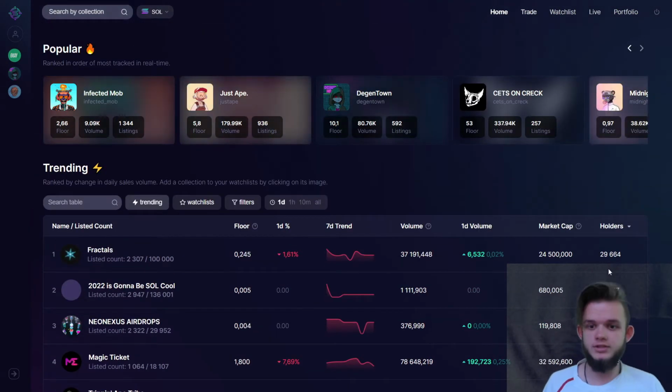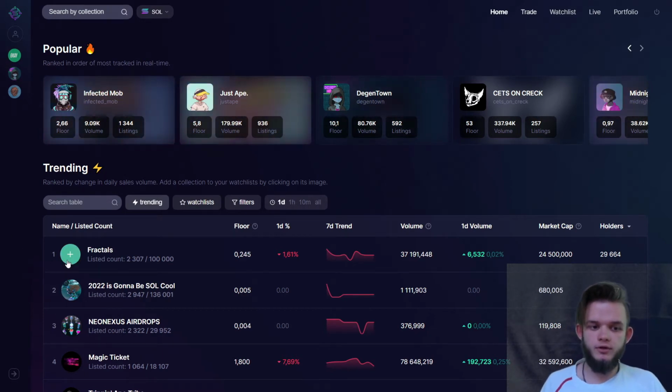Fewer holders is better, because if there is a really low amount of holders, for example in a 10,000 NFT collection, that means there are a lot of whales, a lot of rich guys buying, and usually these rich guys are not panic selling and not selling a lot, so the floor will be quite stable and most probably will be growing a lot.